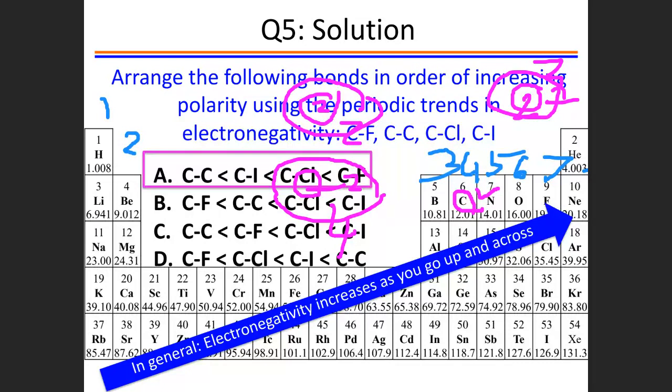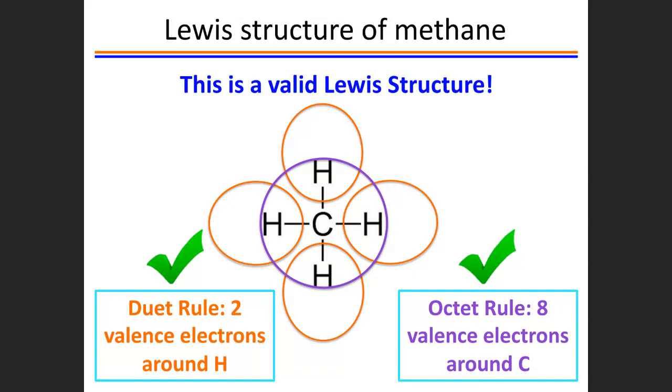Now let's go back to our example. Sorry, we are here. We talked about methane and we get back to CH2F2, another molecule, to see how we can draw the covalent bonds and Lewis structure.